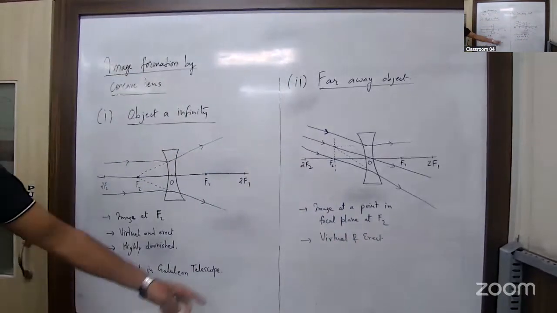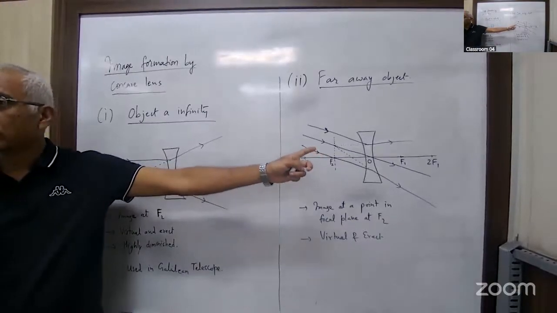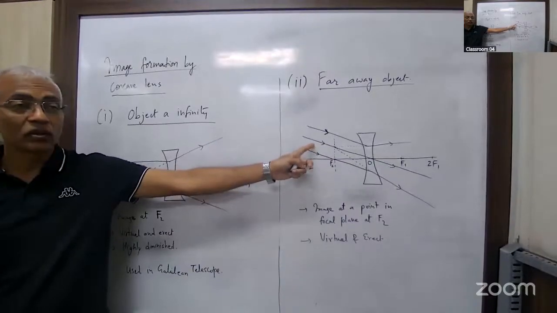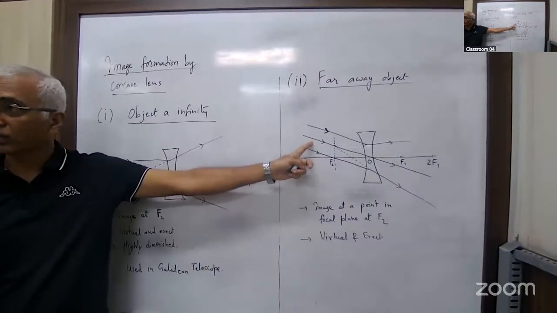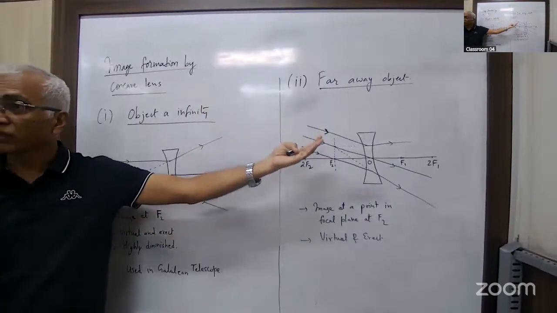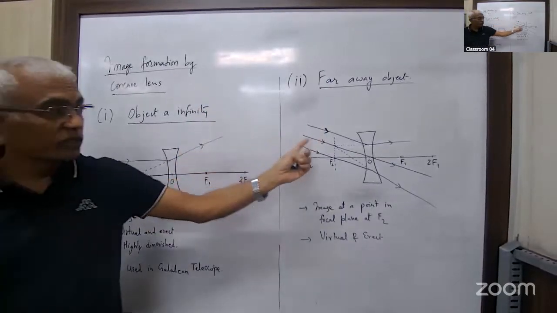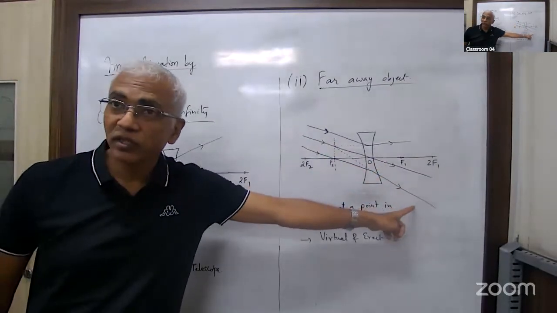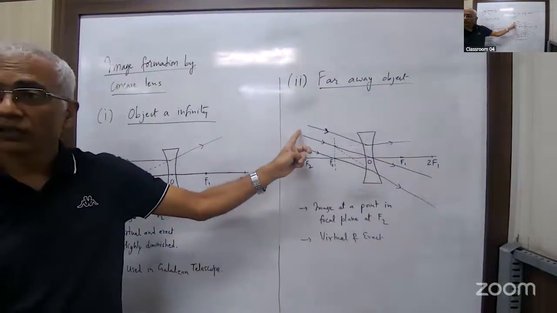So where is the virtual image forming? In the first quadrant. In case of convex lens also you saw that it is second quadrant. It is forming in the second quadrant. Where? In front of the lens. Image is forming in front of the lens. So it's diagonally opposite quadrants. Real image here and virtual image in the second quadrant.